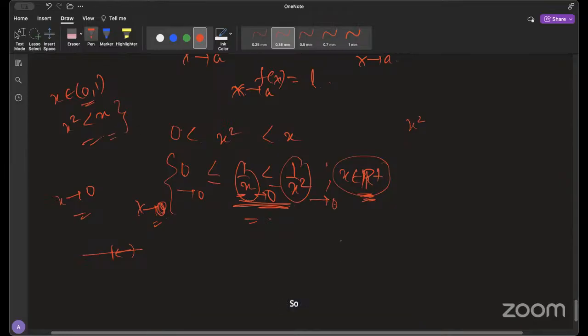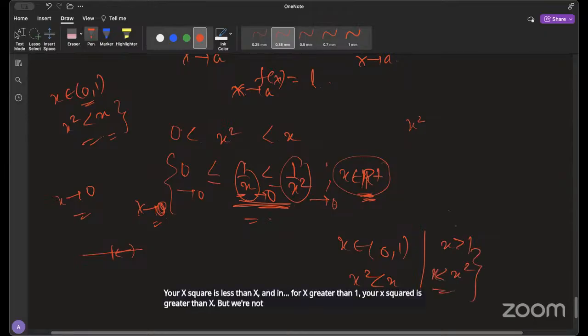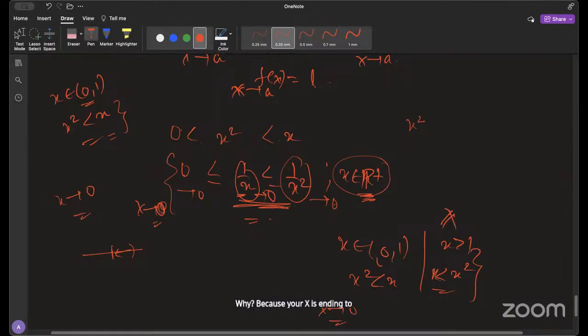So for x in (0, 1), your x square is less than x. And for x greater than 1, your x square is greater than x. But we're not interested in this part. Why? Because your x is tending to 0, so you will eventually be in this interval. So your x square is going to be less than x for all x in R plus.